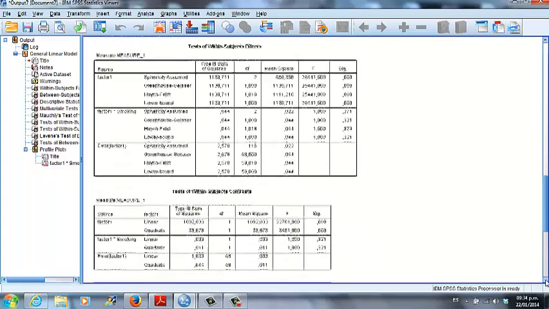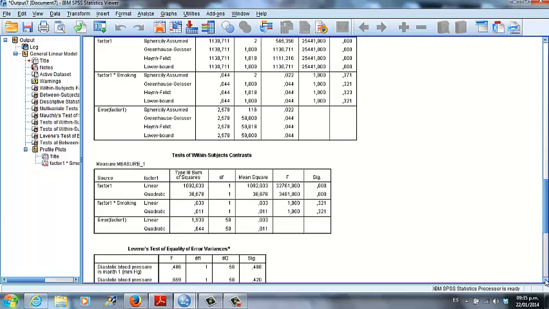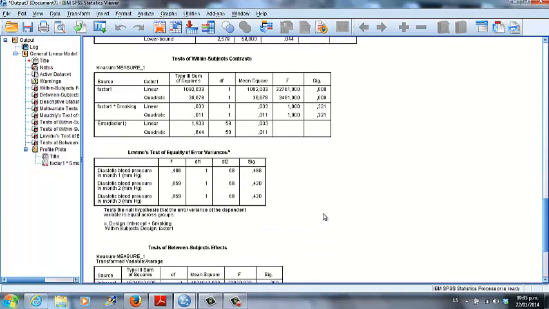If you go further down, we're still interested if there's a difference between smokers and non-smokers. We have a test of within-subject contrasts, which is basically the same as in the previous table. And then we have a Levene's test of equality of the variances. The assumption for repeated measures ANOVA is that there's no difference in the variances of the variables.